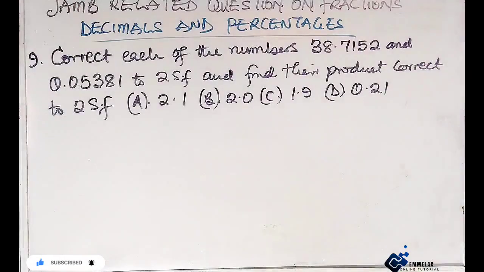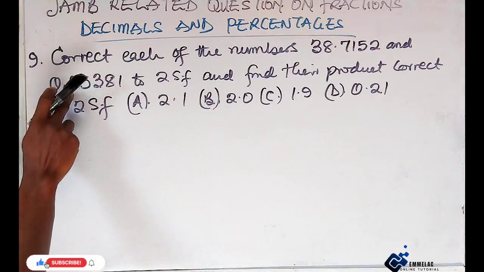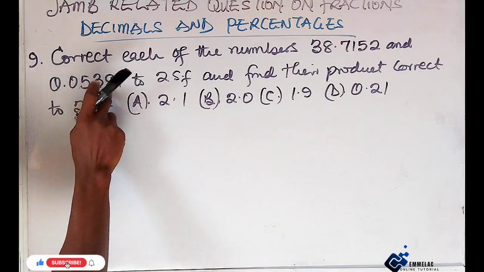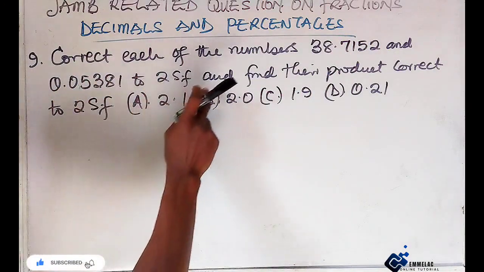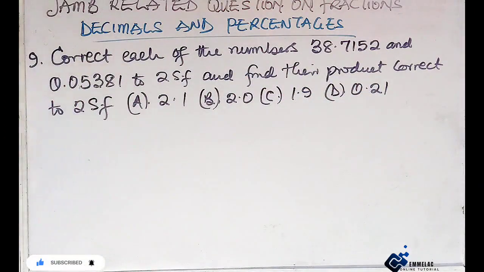Alright, now let's move to number 9. For number 9, we are to correct each of the numbers 38.7152 and 0.05381 to 2 significant figure, and find their product correct to 2 significant figure.